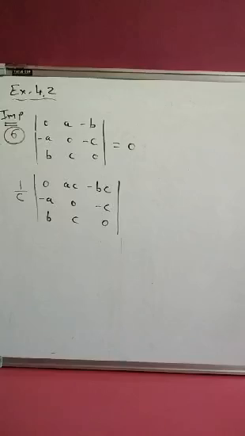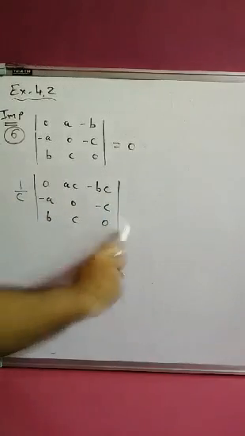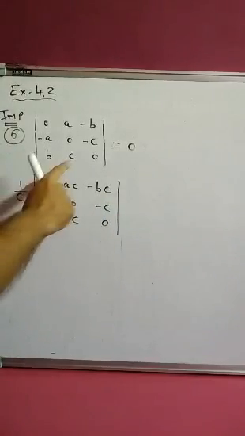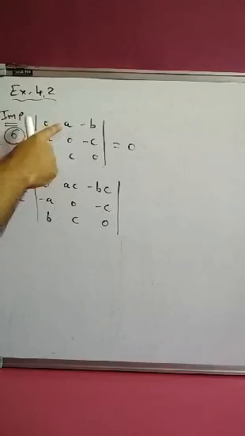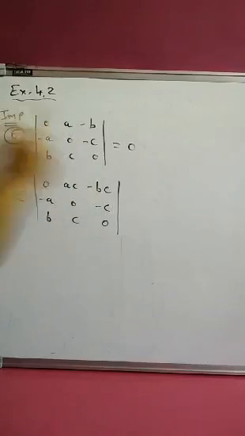You can also use any other method, but I am going to make row 1 and row 3 equal. So here C and here A. AC I have multiplied over here and here I have multiplied with C.